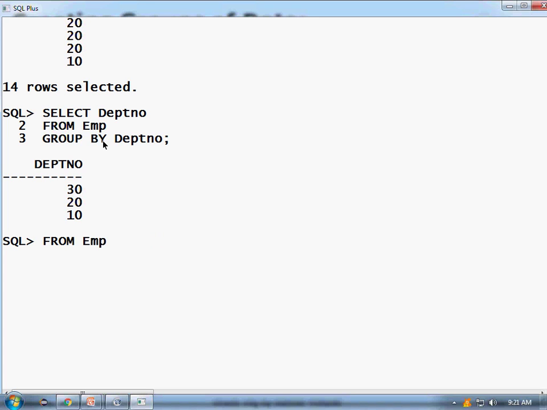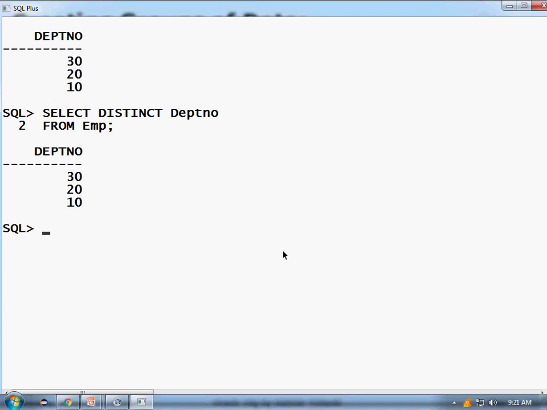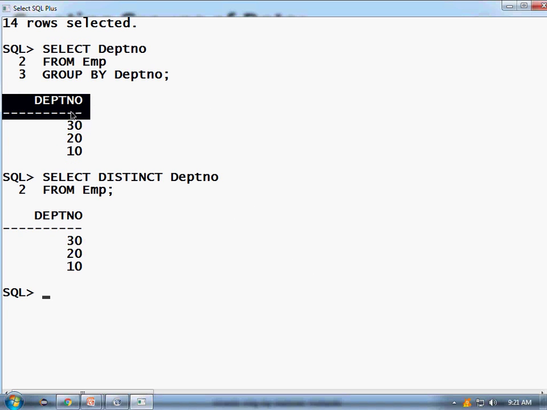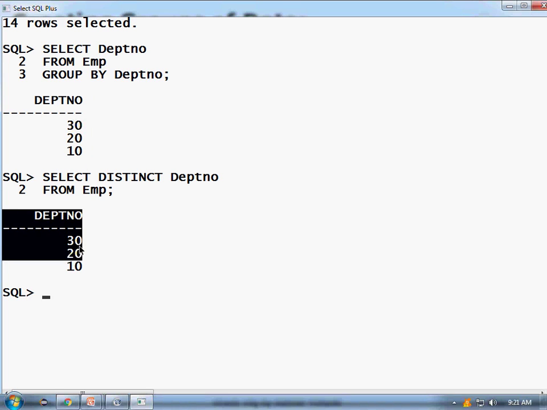Now, as I was just saying in yesterday's class, there are many cases where there is a debate that distinct and group by are the same just because the outputs come out in the same way. Here distinct is always concentrating on suppressing the duplicates.